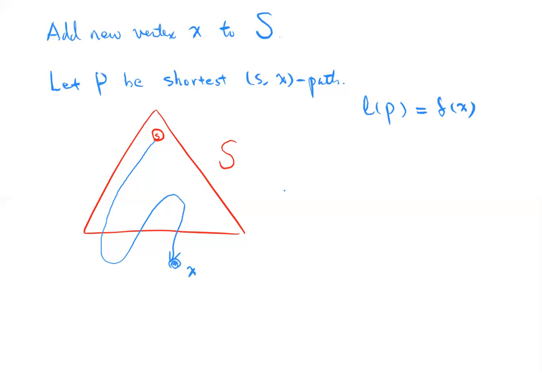So if all internal vertices of P reside inside S, then by B, we are done. By property B, because this is the length of the shortest path from S to X whose internal vertices all reside inside S.